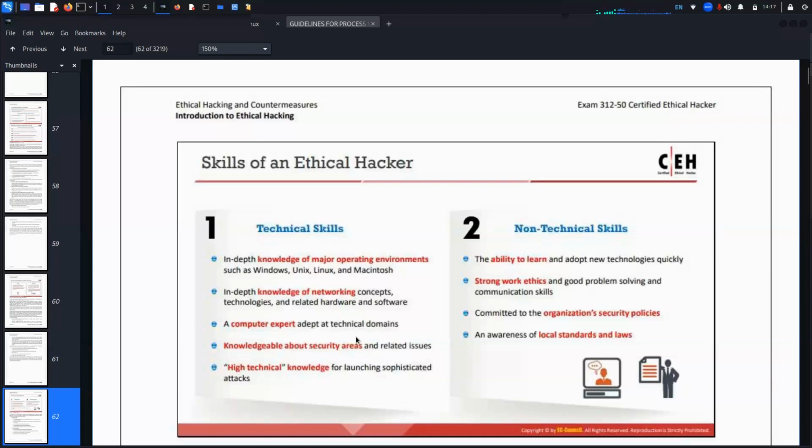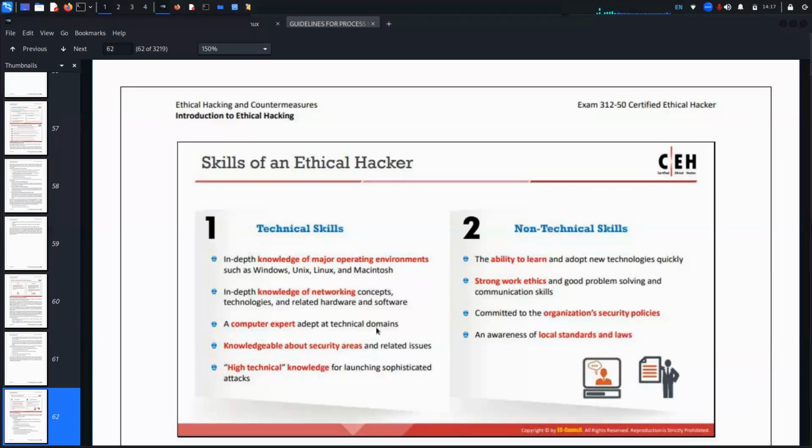Computer expert, adept at technical domains. So ideally, there should be one technical domain that you are familiar with. Personally, I am familiar with the technical domain of cloud architecture, cloud networking, and Kubernetes and things like that. But it's what I've seen from experience.